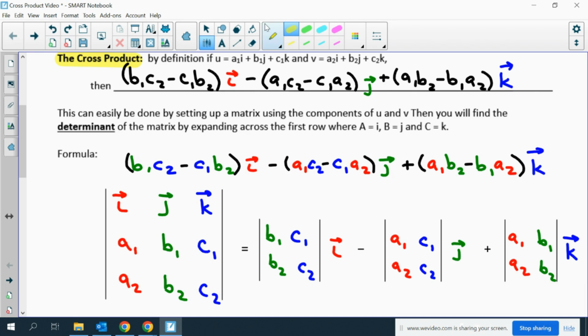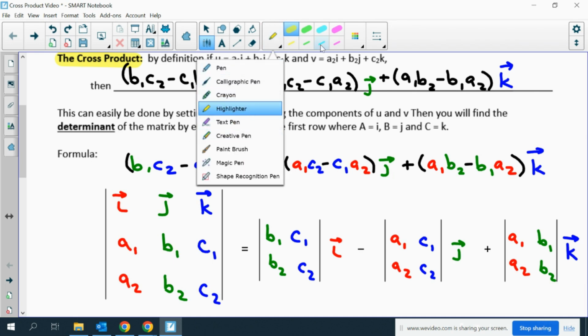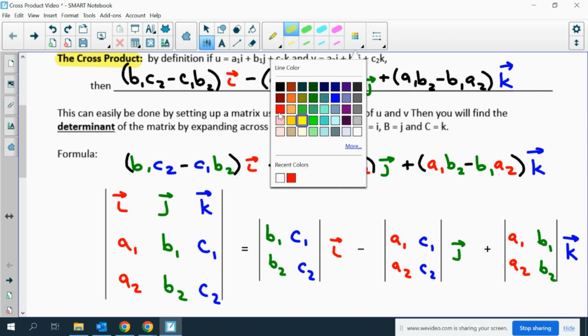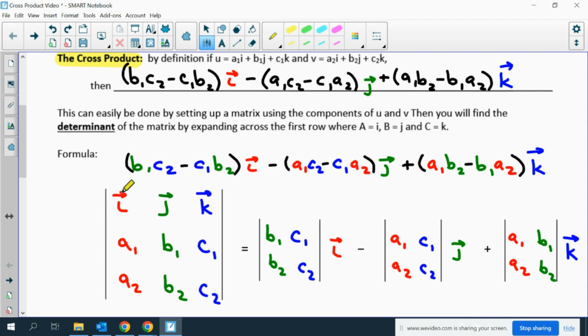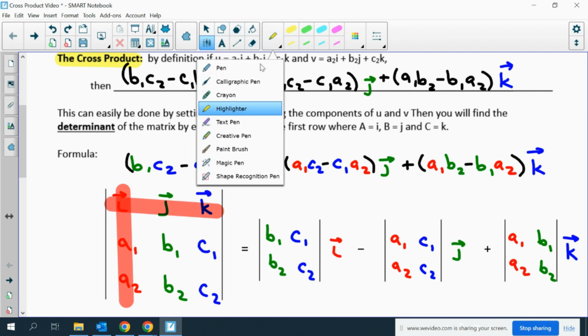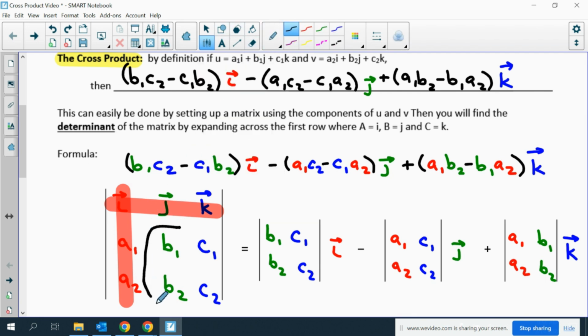So in order to find the determinant of this, if you want to find the i determinant, you eliminate everything in the same row and column as i, and then you take the determinant of whatever's left. So notice that we're going to find the determinant of this 2x2 matrix, and then multiply it by the vector i.